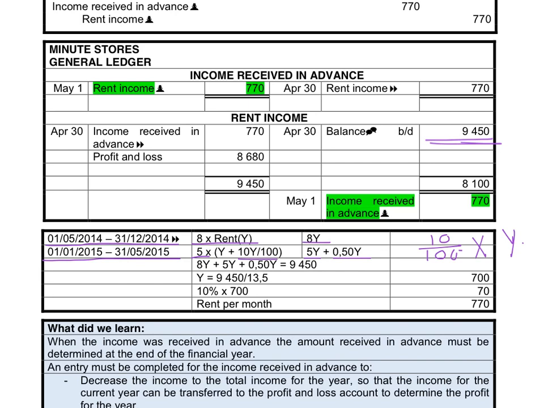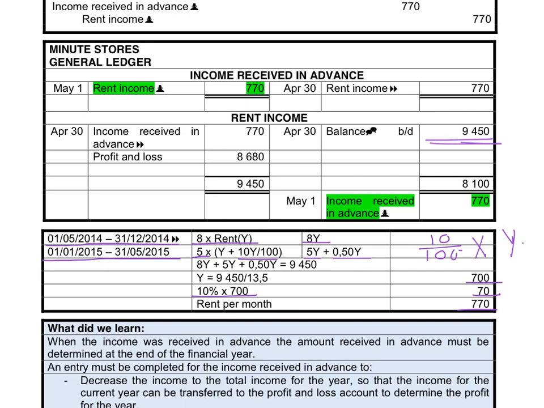So this means that Y is equal to 700 Rand. That is before the income was increased with another 10%. So we have to calculate 10% on the 700, increase the amount with 70. So the total amount at the end of the year that was received in advance was 770 Rand.